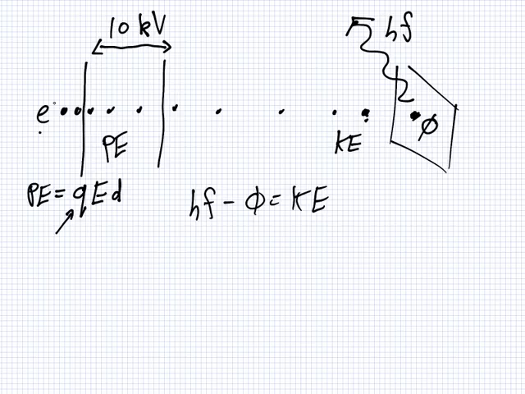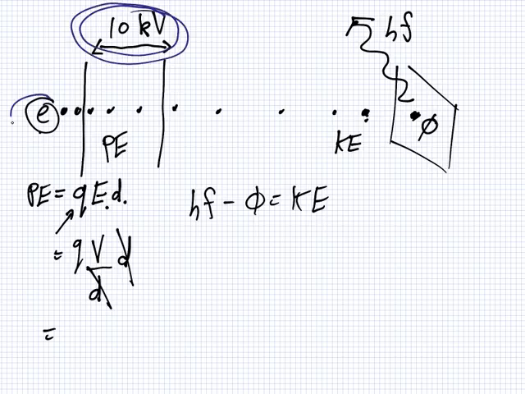Yes, it's one electron. Do we know the E? No. Do we know the D? No. But we have a formula for E: it's V over D. And the D's cancel, so it's just QV. We have the V and we have the Q, so this will be e times 10 times 1,000.